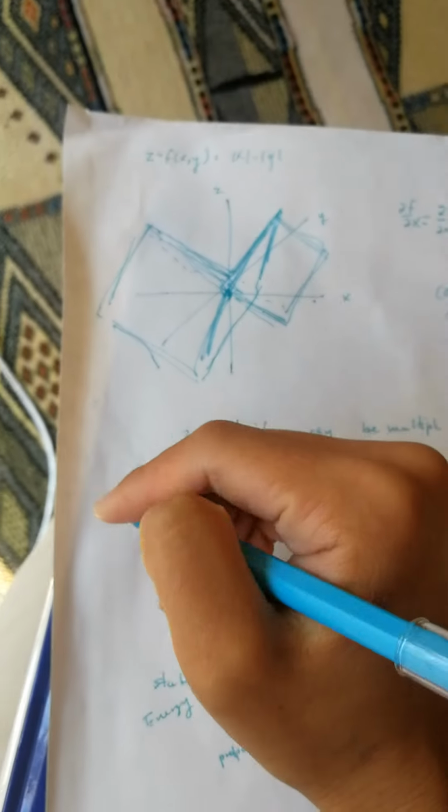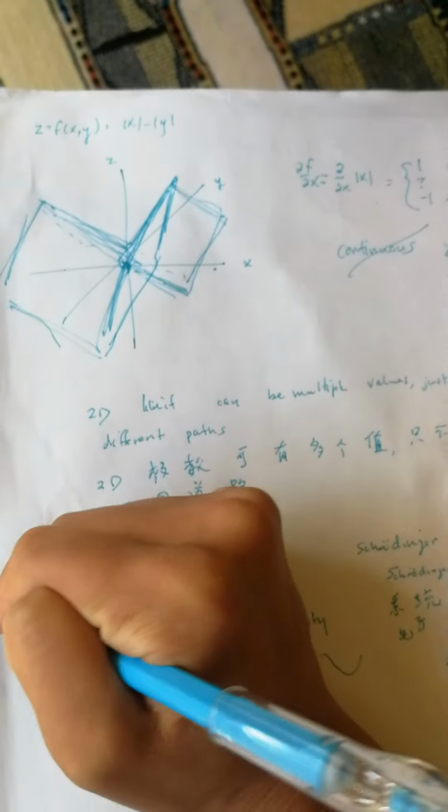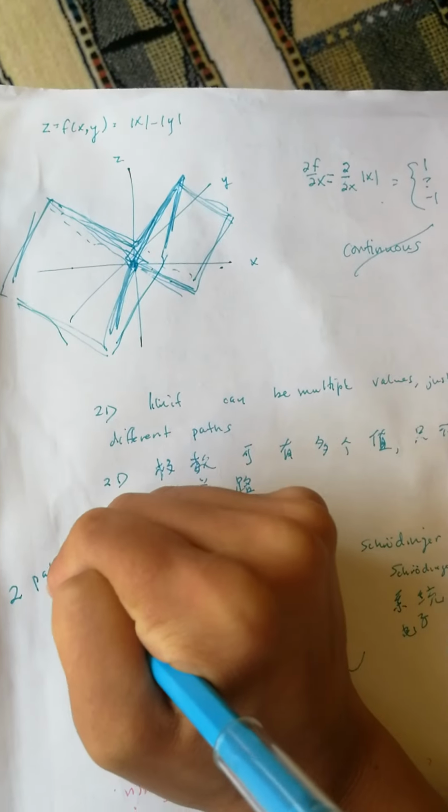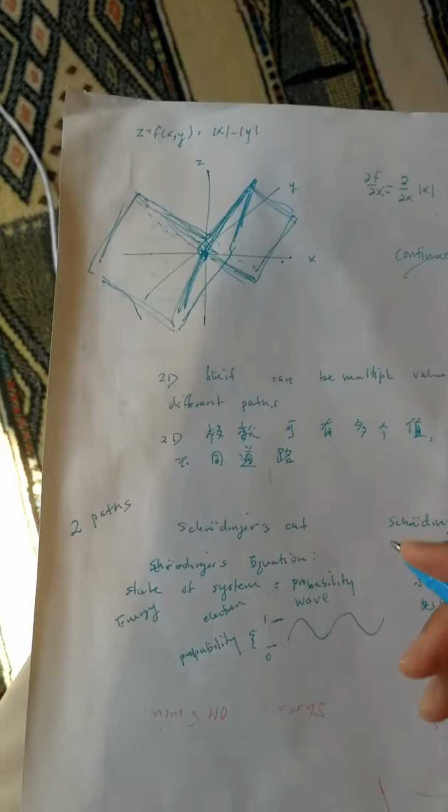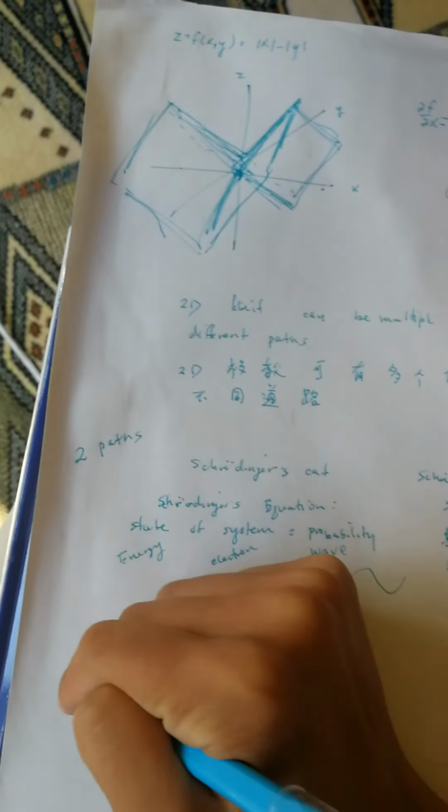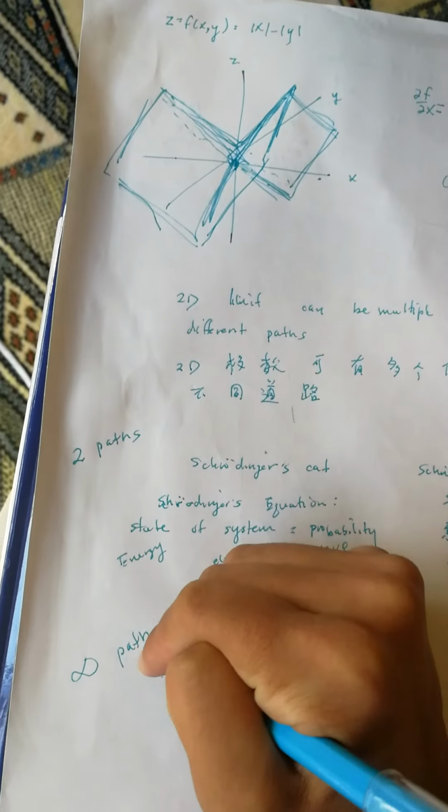So this is 2 paths. What about the intersection of infinitely many paths?